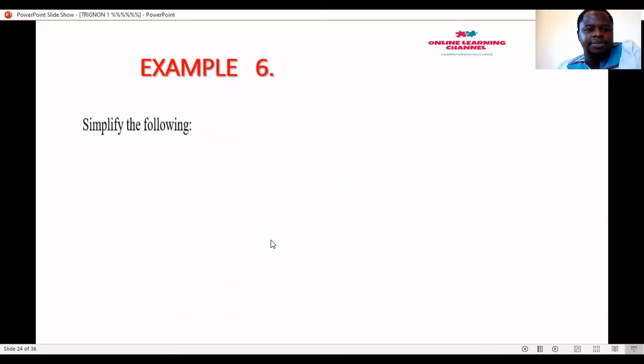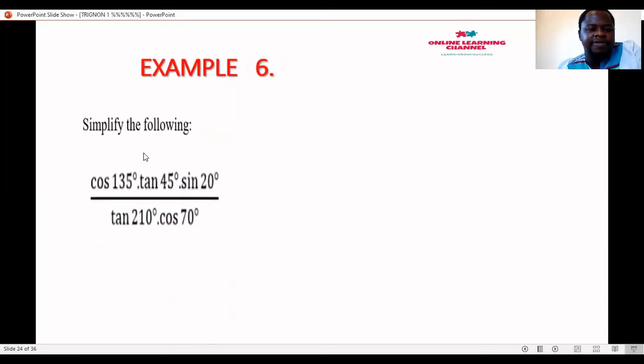Now, example number 6, simplify the following: cos 135 multiplied by tan 45 multiplied by sin 20, over tan 210 multiplied by cos 70. Note that you can manipulate these into special angles. 45 is a special angle.